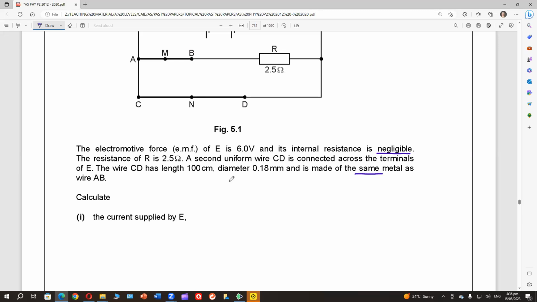What is the resistance of CD? So we'll have to find the resistance of CD. The rho will be the same and L over A will be used. Achha.